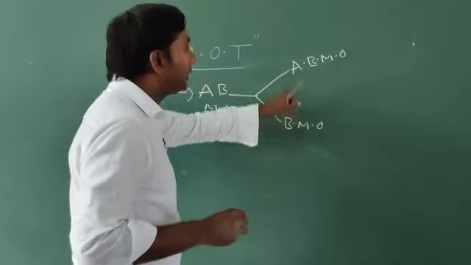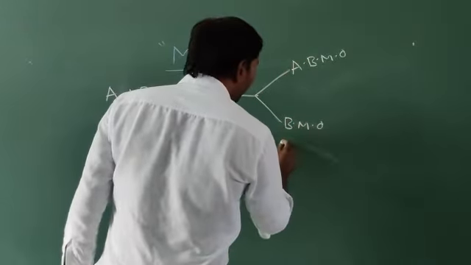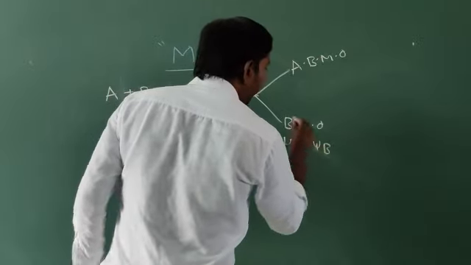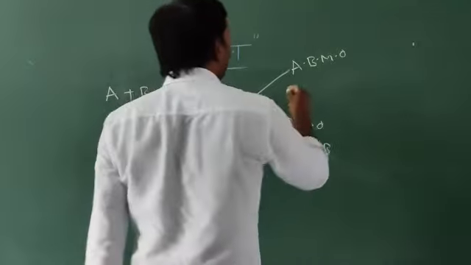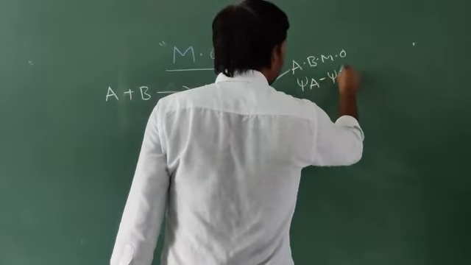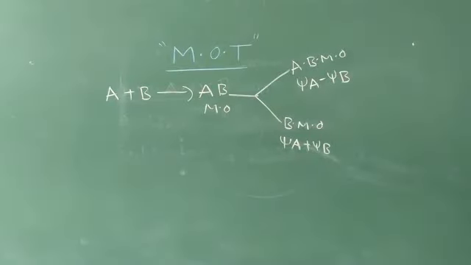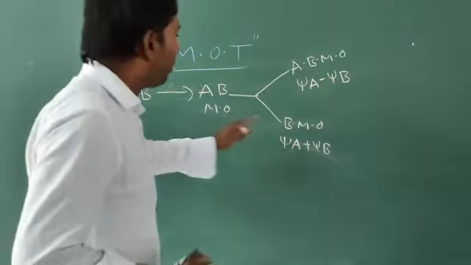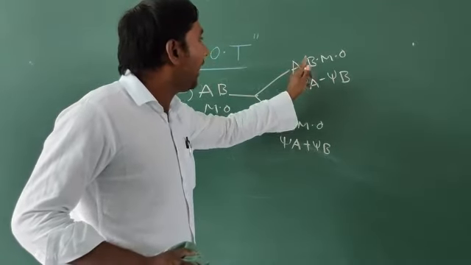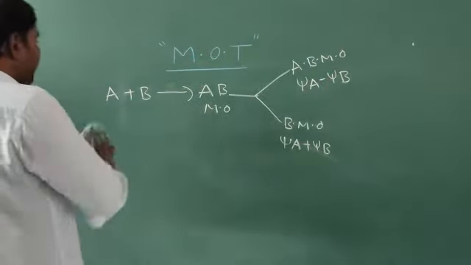One has lower energy, the other has higher energy. How is the bonding molecular orbital formed? By addition, psi A plus psi B. How is the anti-bonding molecular orbital formed? By subtraction, psi A minus psi B.